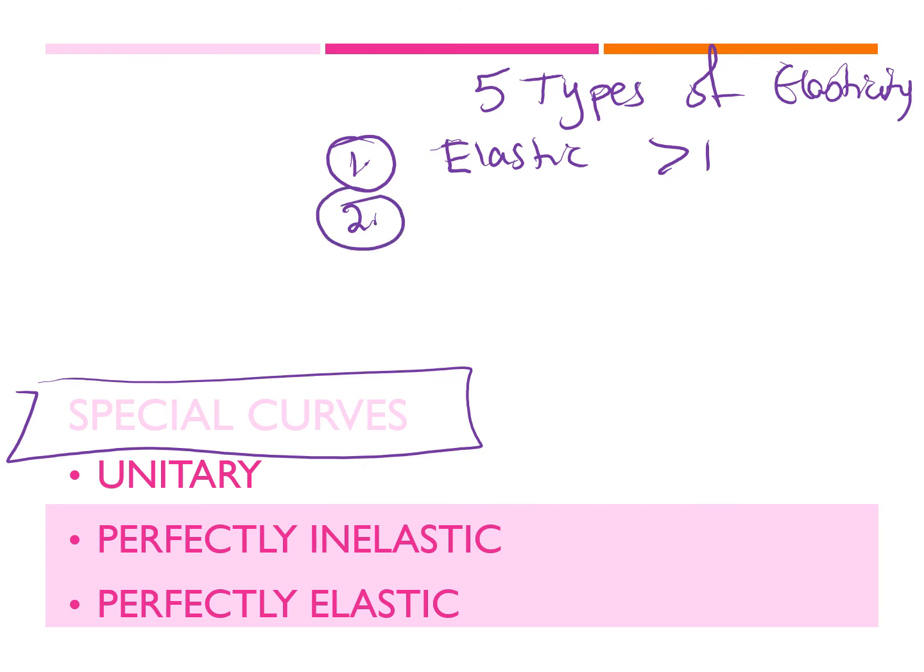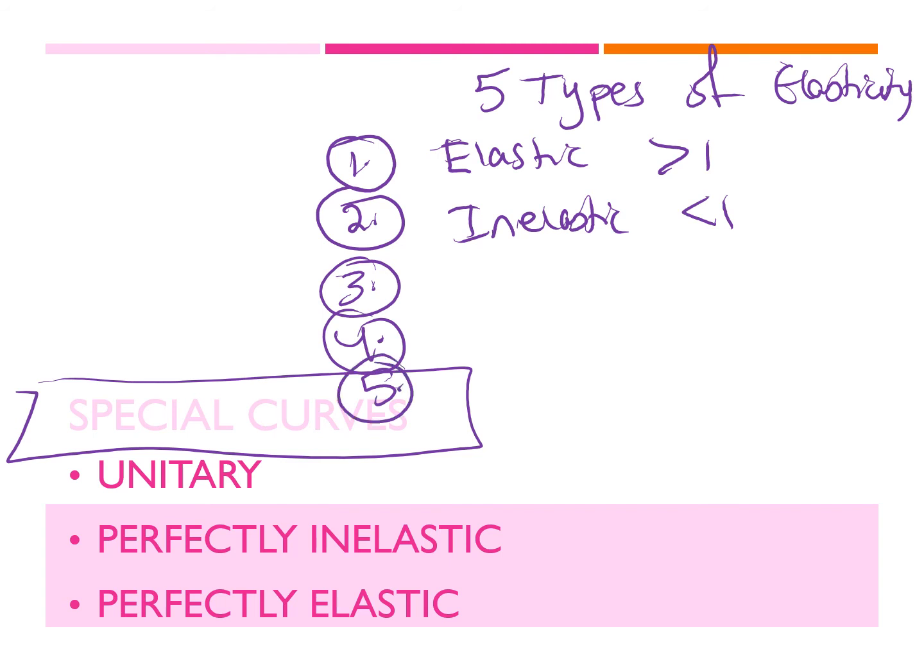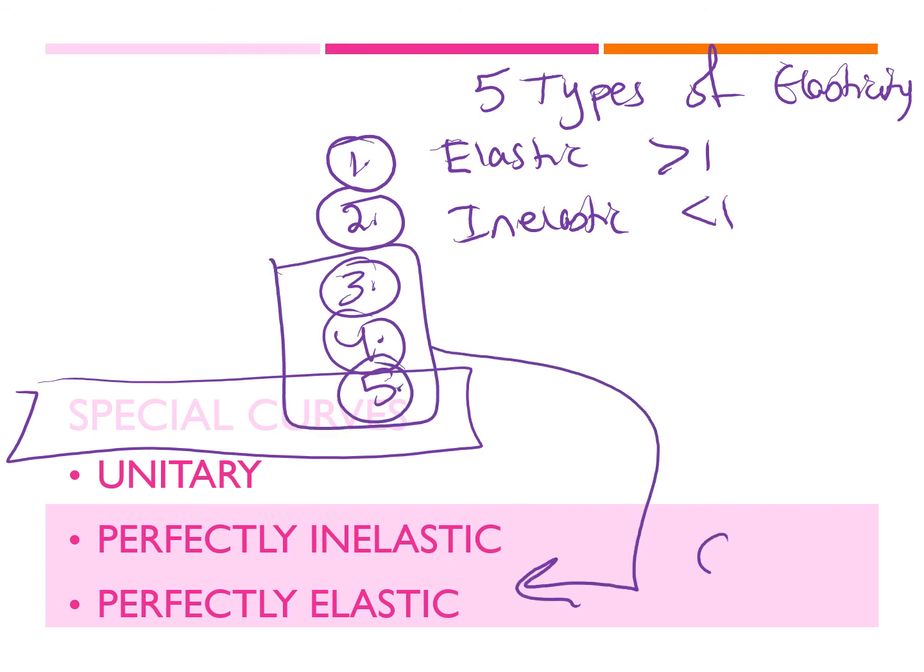The second one is PED is inelastic, and my answer would be less than 1. The third, the fourth and the fifth are the special curves or extreme cases. It is when my PED is equal to 1, or equal to 0, or infinity.